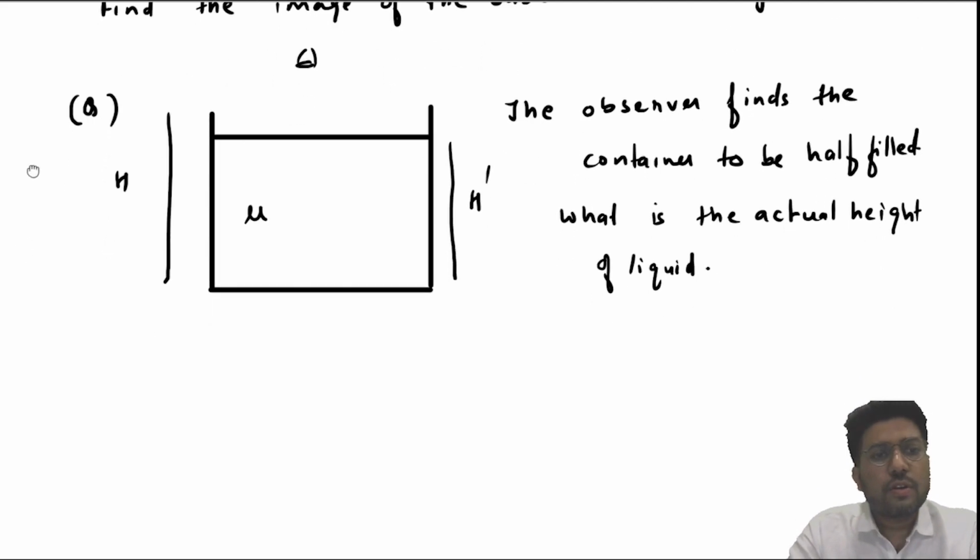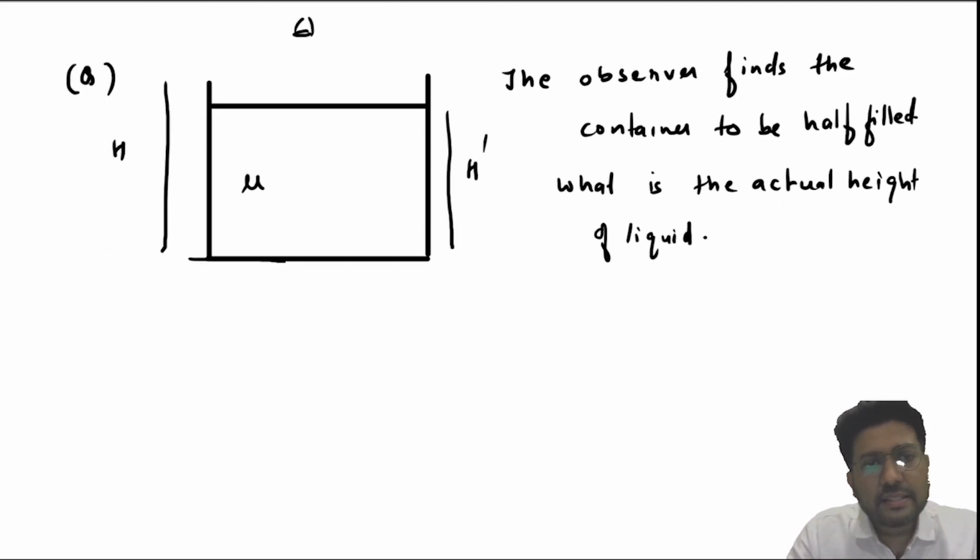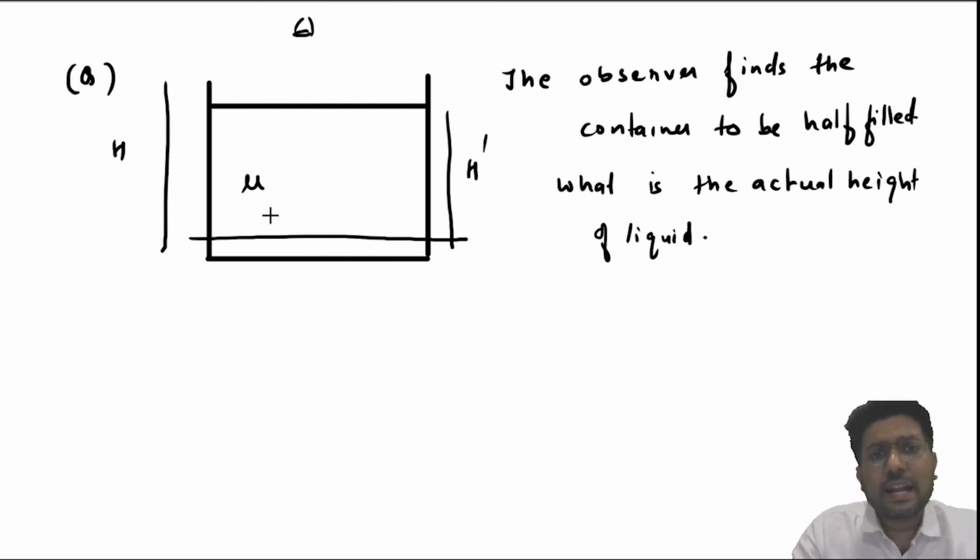Okay, so this is the base, but actually, listen carefully, the observer is not seeing the base at this position. The observer is seeing the base at some lifted position. And what will be that position?